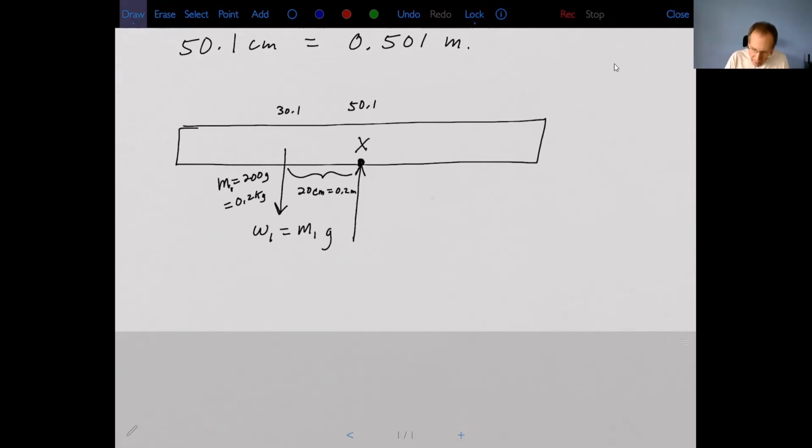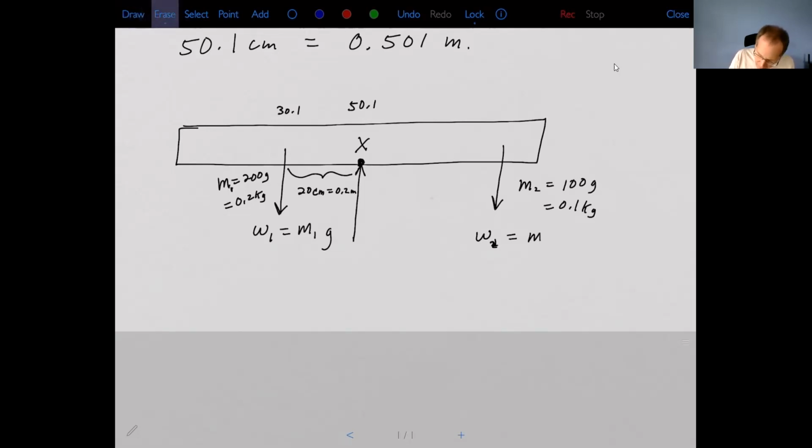Okay. Now on the other side, we're hanging another mass, right, at some location. I'll call this M2. It was 100 grams, which is 0.1 kilograms. So that means I can calculate the force, which is just the weight, by using, oops, this should be W2.